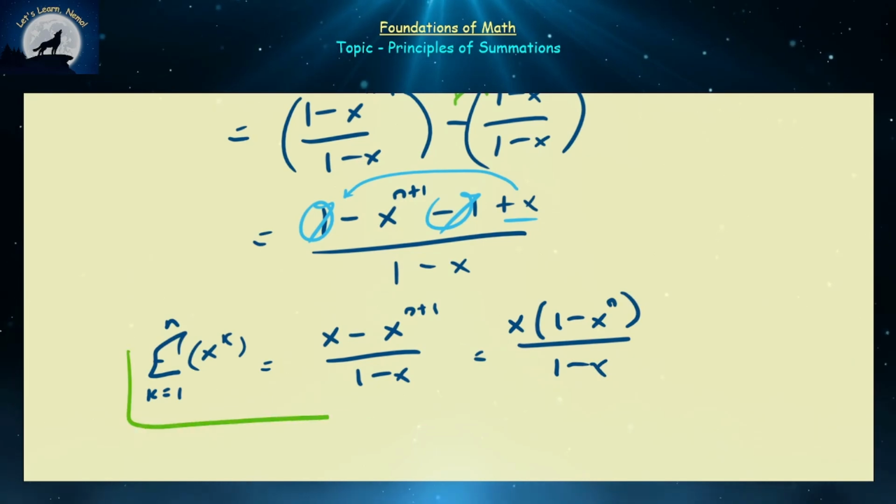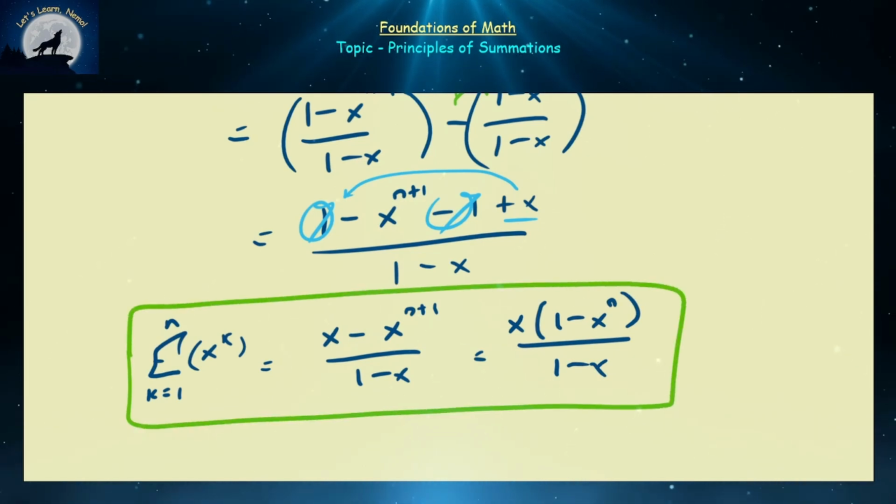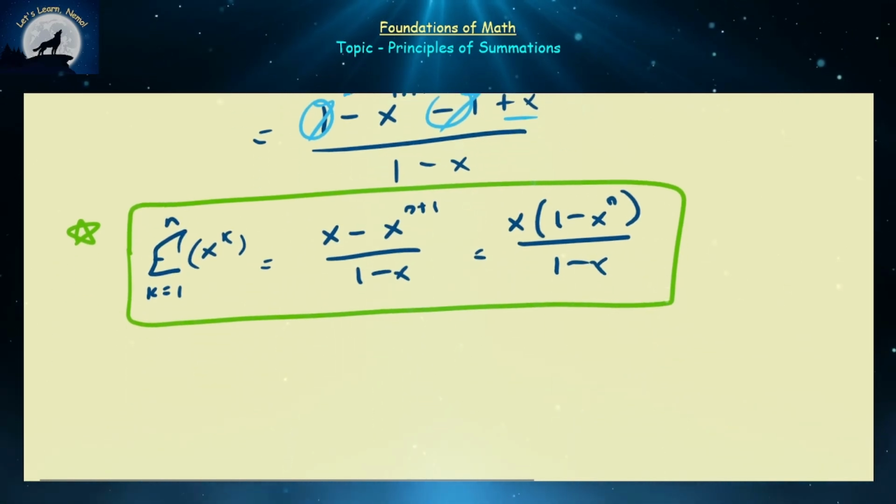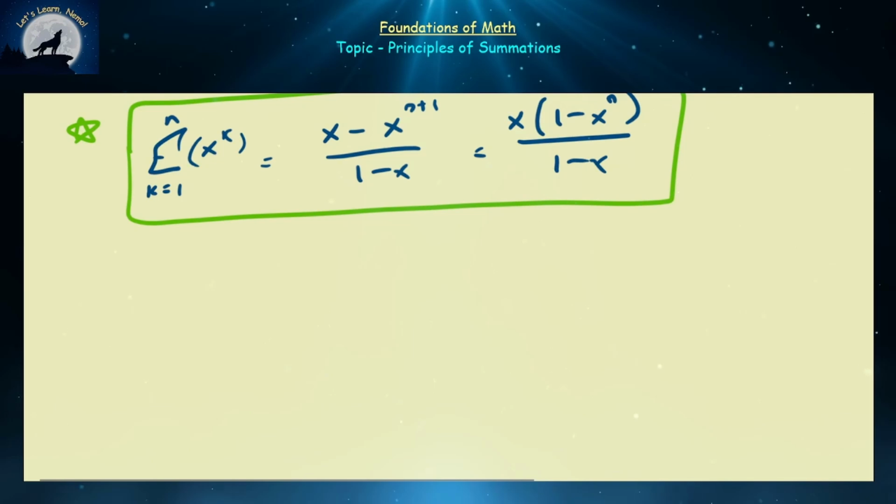In short, there's no big advantage here, but sometimes that will be a little more advantageous to work with. So that's just another way of representing this geometric series in case it starts at 1 and not 0. So definitely make sure you pay attention to the limits of your summations.